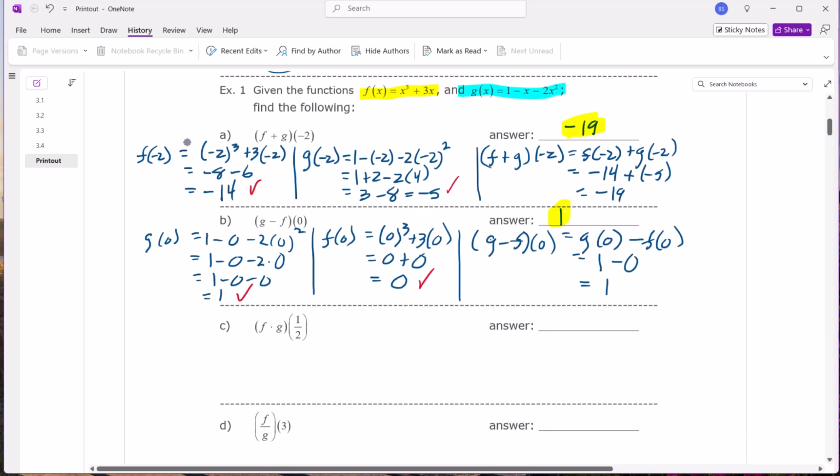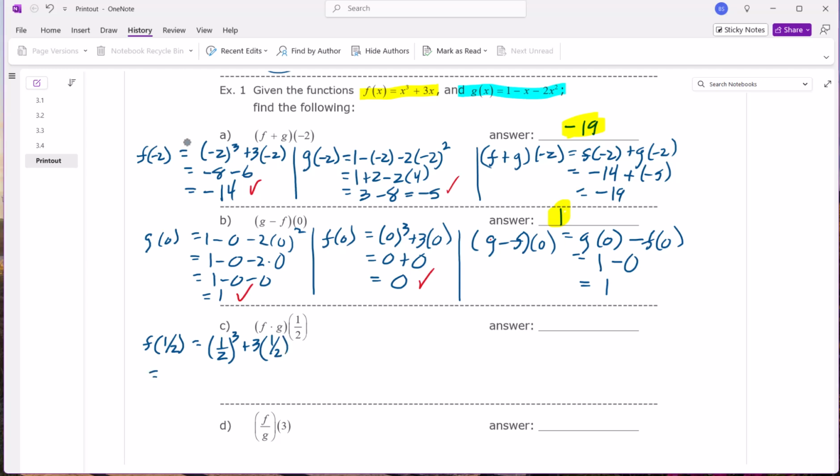Okay, now we'll go to the next one, dealing with 1/2 this time. So I'll do f of 1/2. Plug that in. I'm going to have 1/2 to the third plus 3 times 1/2. Don't let the fractions bother you. It's not a big deal. You're doing 1/2 times 1/2 times 1/2, and when you multiply fractions straight across, you get 1 over 8.